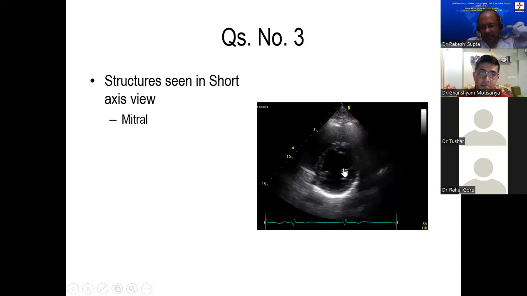So how can you say that RV systolic pressure is more than LV systolic pressure? During systole, this IVS will flatten and bulge towards the left ventricle, suggesting that with systolic contraction, the RV pressure will become more than LV systolic pressure.